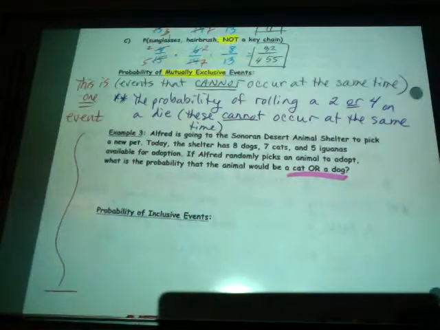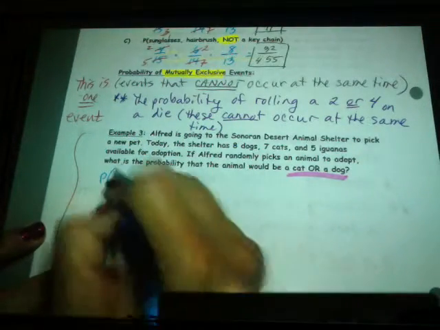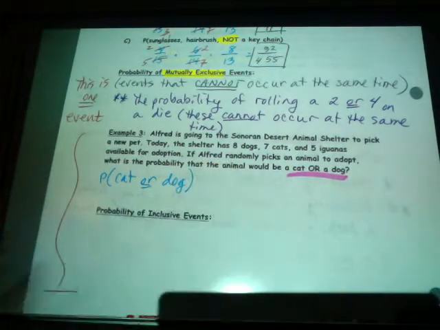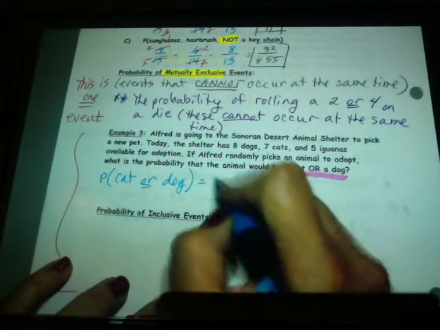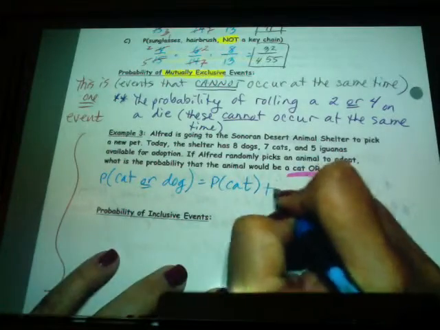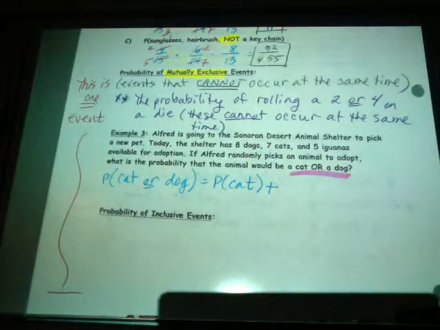So I'm going to write that probability as the probability of a cat, or there's a keyword, dog. So we are going to find the probability of the cat and add to that. This time we are not multiplying anymore.